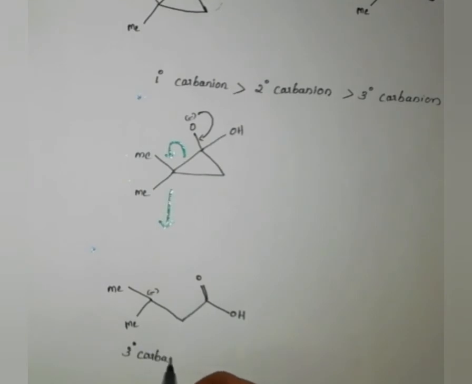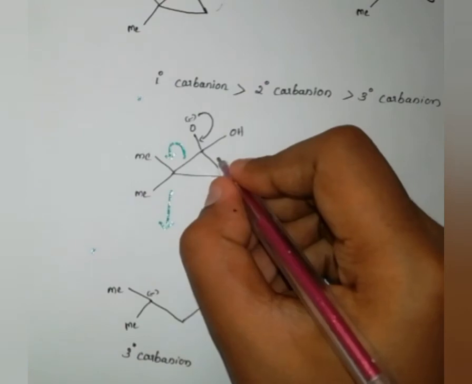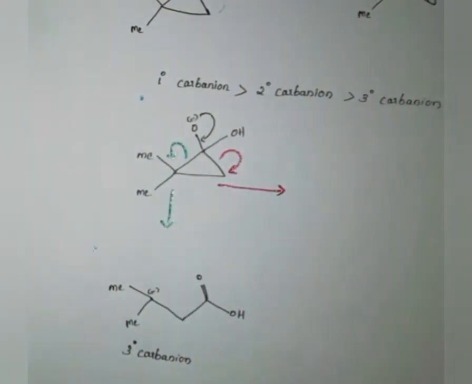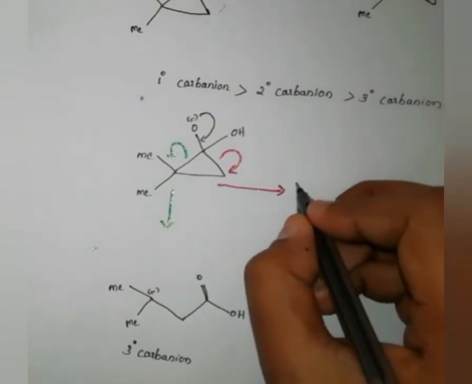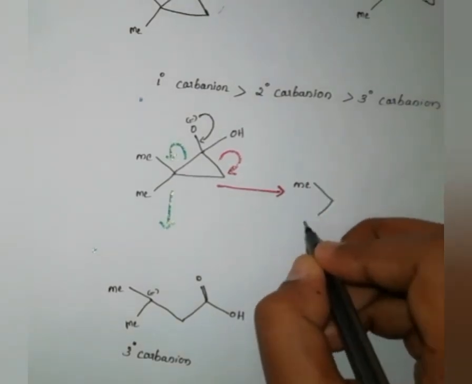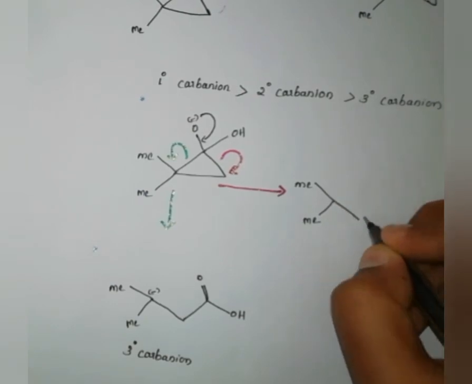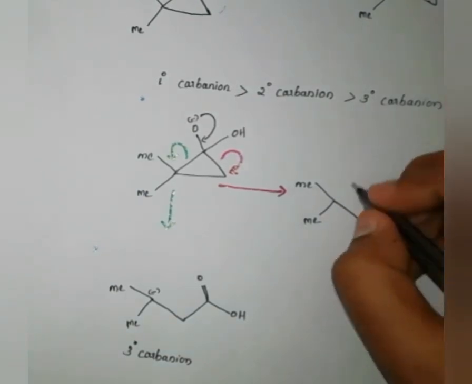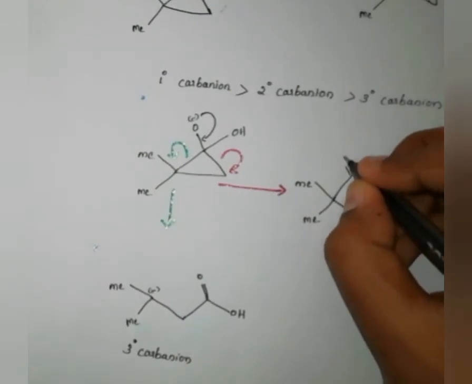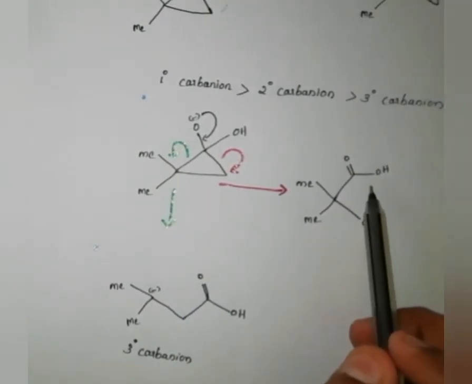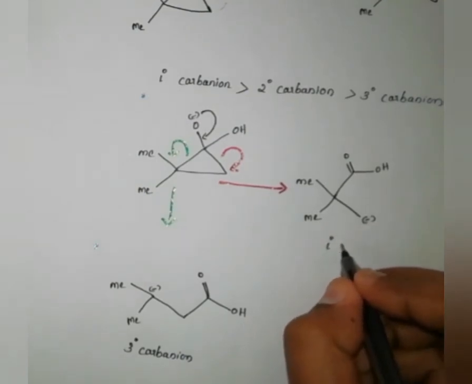But when this is shifted to this side, this becomes Me, minus, C double bond OH.